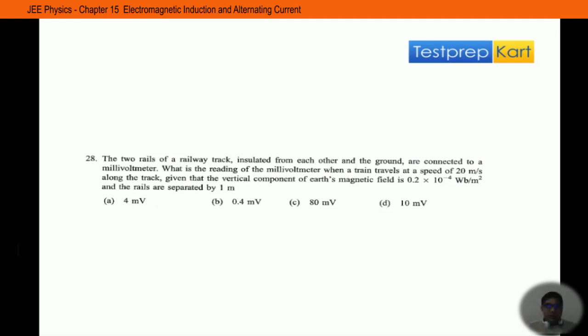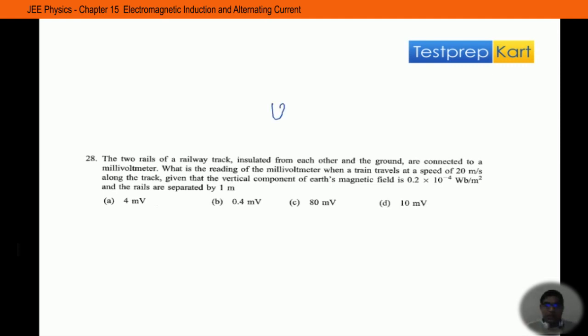Next one: two rails of a railway track, insulated from each other and the ground, are connected to a millivolt meter. What is the reading of the millivolt meter when a train moves at speed 20 meter per second?